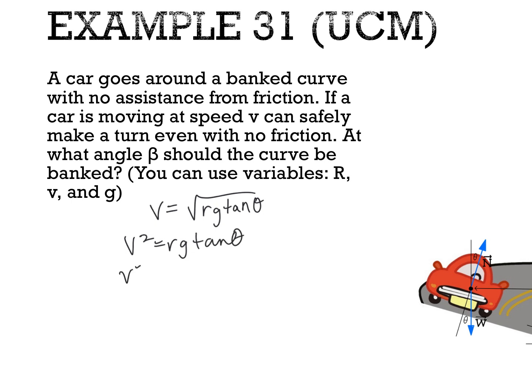So we have v squared over rg equals tan theta. So theta is just going to be equal to the inverse tangent of the velocity squared divided by rg. All right, and that's all there is to that.